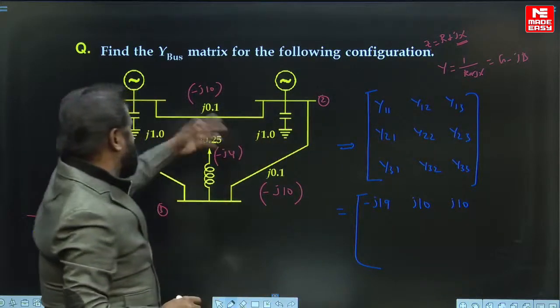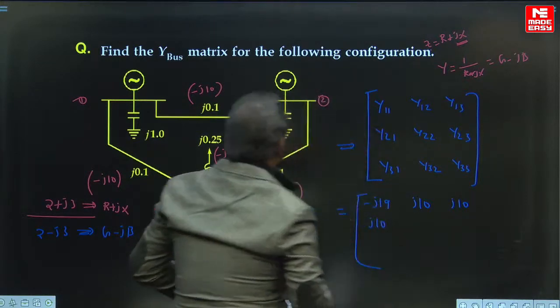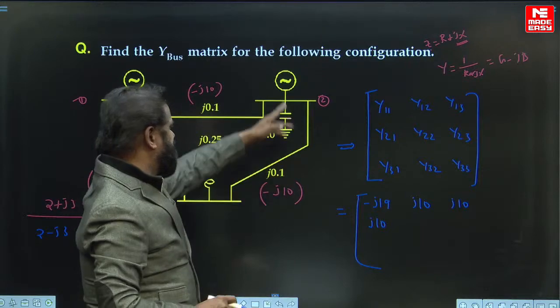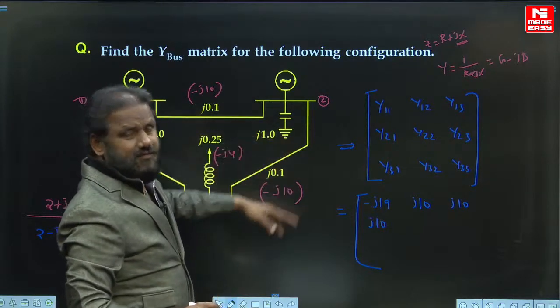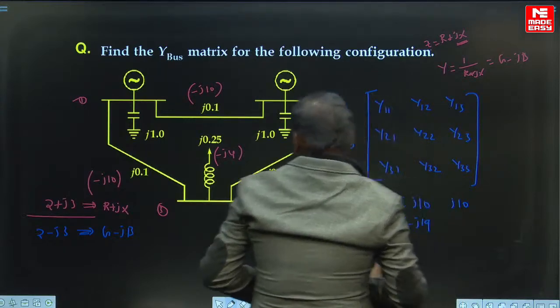And y21 is the negation of the original existing value, j10. y22 is the sum of the admittances connected to that bus: minus j10 minus j20 plus j1, minus j19.